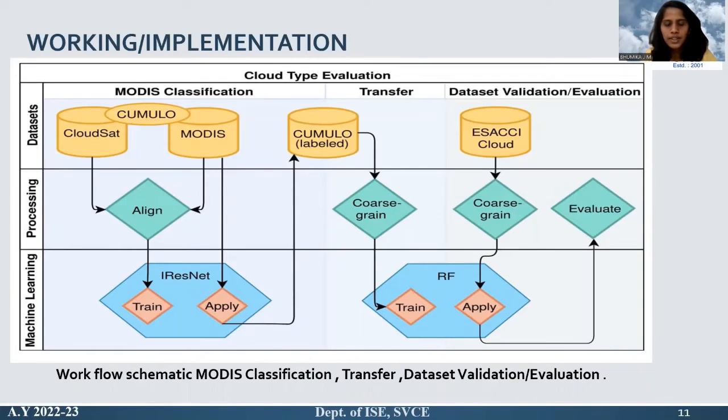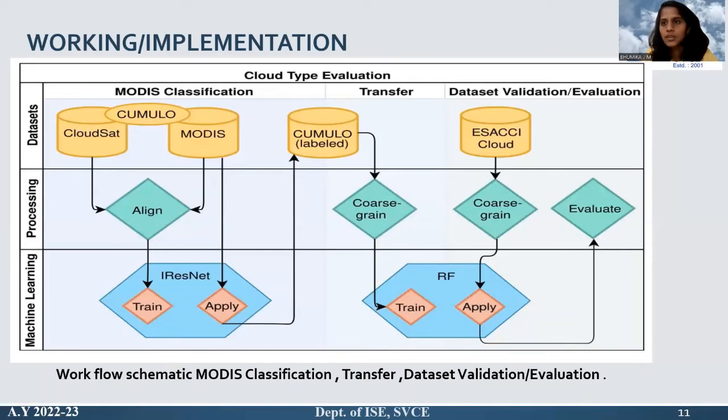In this process, there are three main parts: machine learning, processing, and data sets. So at first, CloudSat and MODIS information. The purpose of CloudSat is cloud type. It gives information about the cloud type. And MODIS gives information about the physical variables.